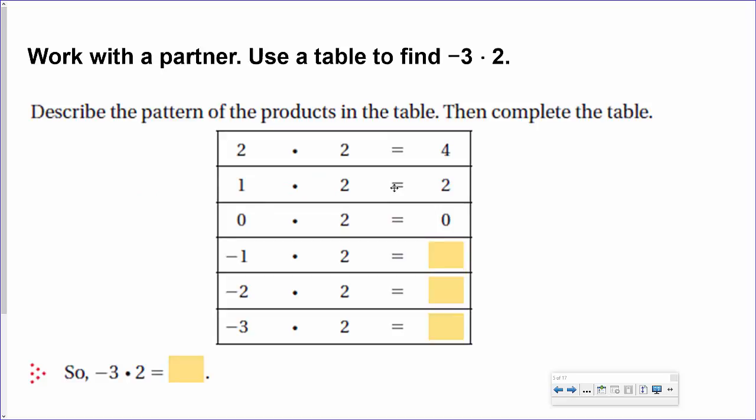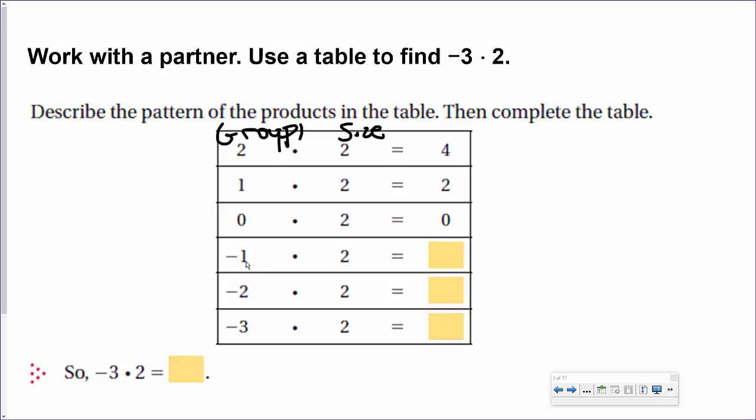So now I want you to think this out. I have my pattern here where 2 times 2 is 4. So this is my groups, and this is the size, right? It's always the same size, but the number of groups is going down, isn't it? So in this case, 2 times 2 is 4, 1 times 2 is 2, 0 times 2 is 0.